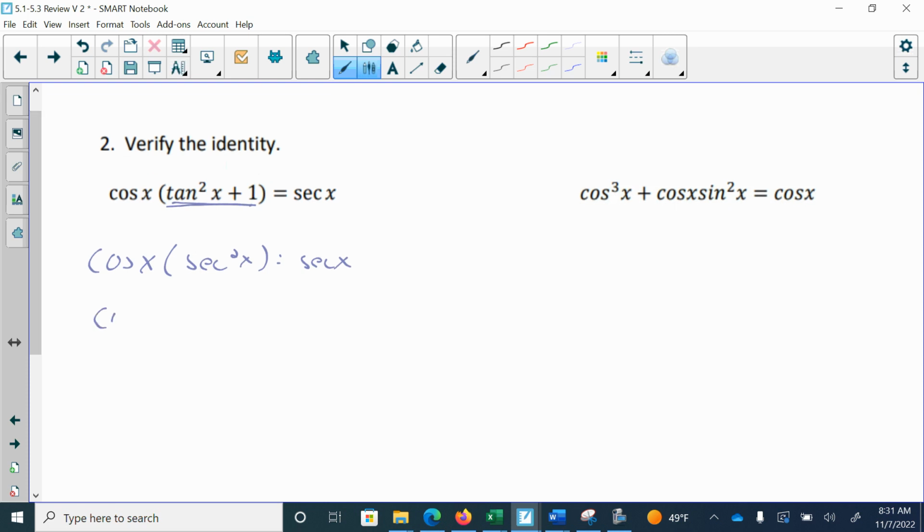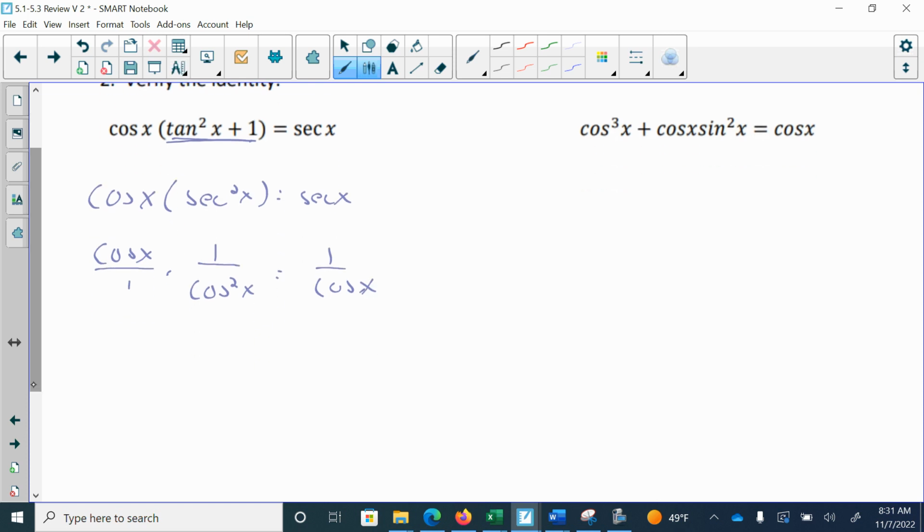I'll have cosine x over 1 times 1 over cosine squared x is equal to 1 over cosine x. Remember, to verify, you have to make the left side look exactly like the right side when you're done. When I multiply, I get cosine x over cosine squared, and you could think of cosine squared as cosine x times cosine x.